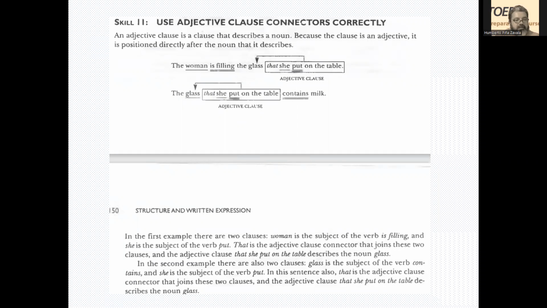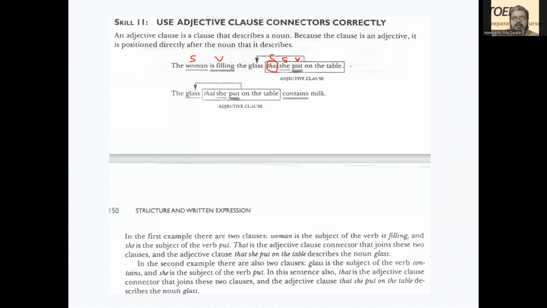For example, here we say the woman, subject, is filling the glass that, that's a connector, she put on the table, right? So what glass are we talking about? The glass that she put on the table. Not the glass that she broke, not the glass that she forgot, but the glass that she put on the table.